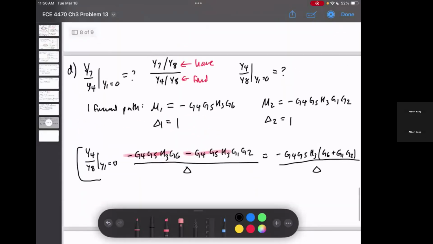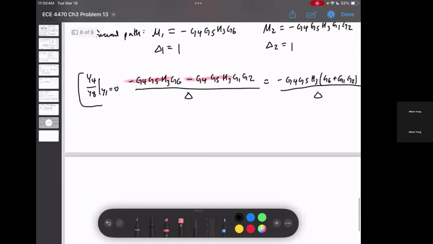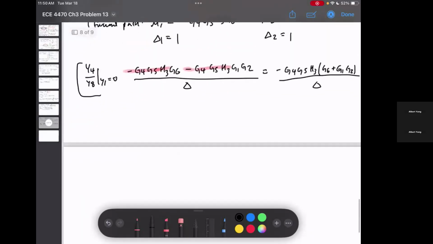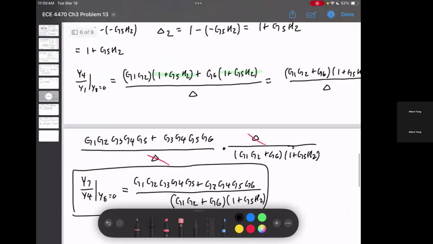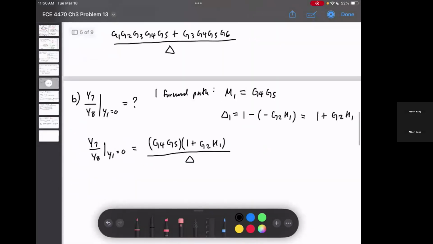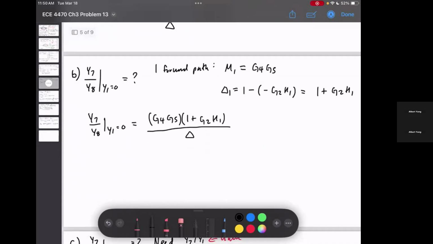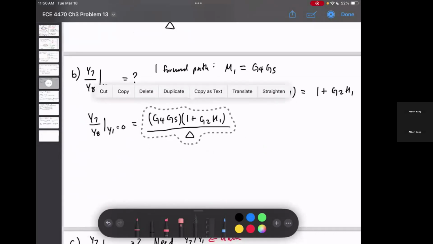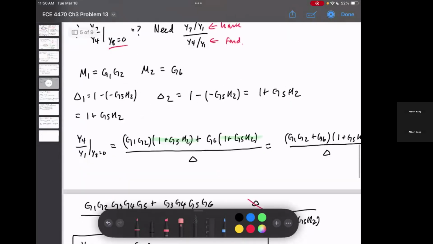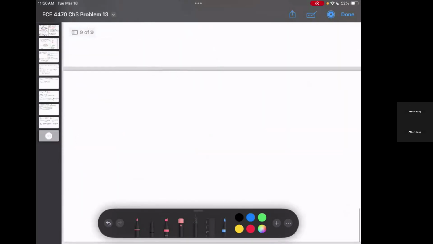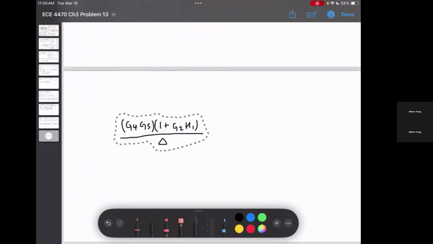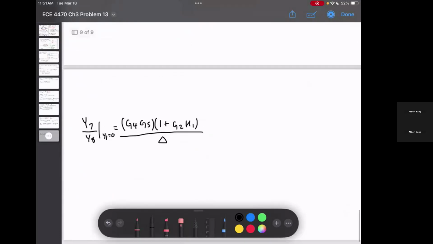Then we have y7 over y8. Okay, right. This is y7, y8, or y1 equals 0.